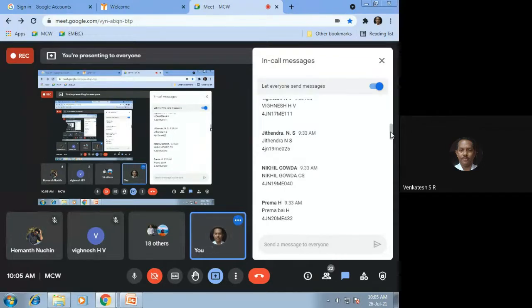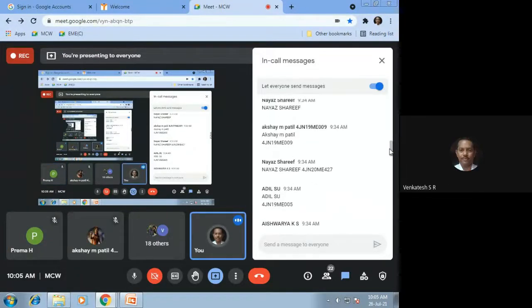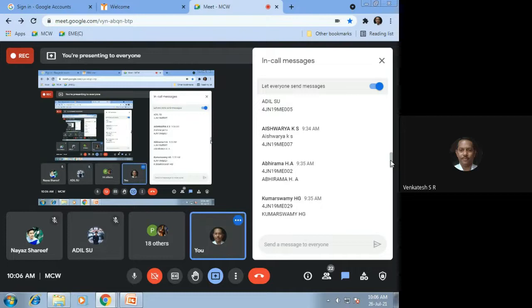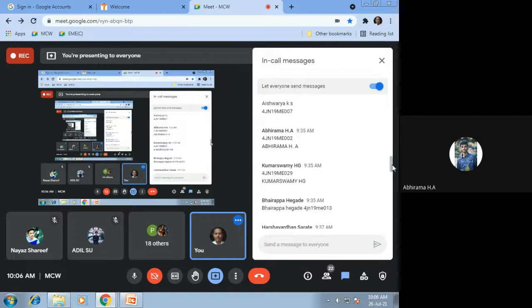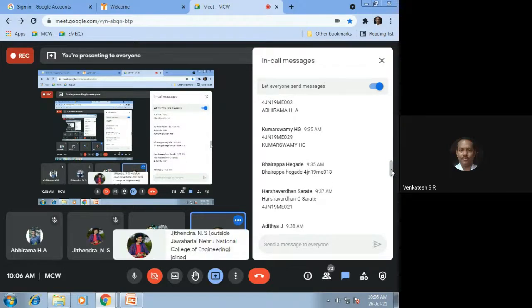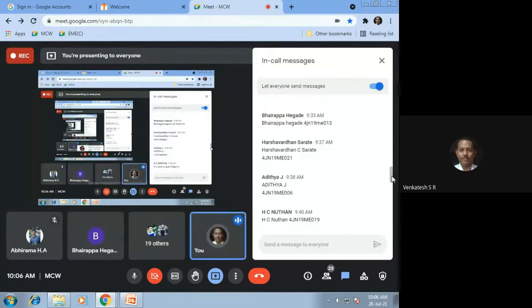Prema H, yes, sir. Akshay M. Patil, yes, sir. Nayat Sharif. Adil, present, sir. Aishwarya KS. Abhiram HA, yes, sir. Kumaraswamy. Bhairappa Hegde. Harshavardhan.